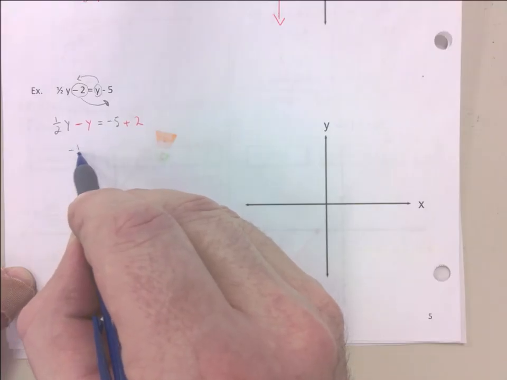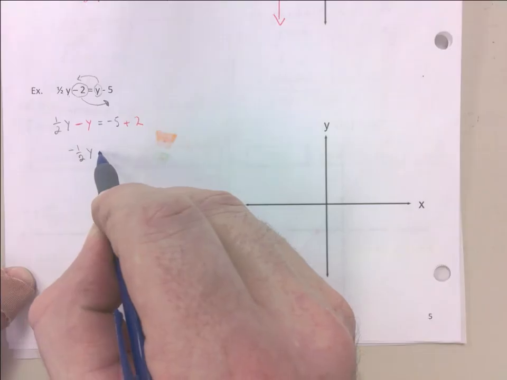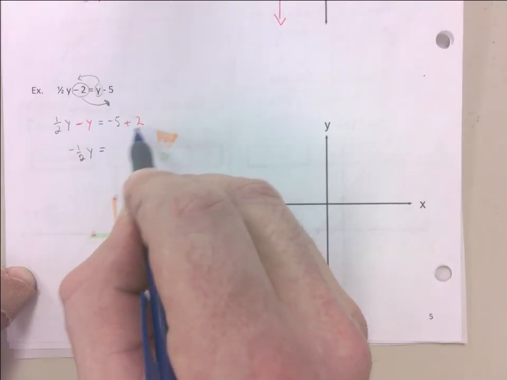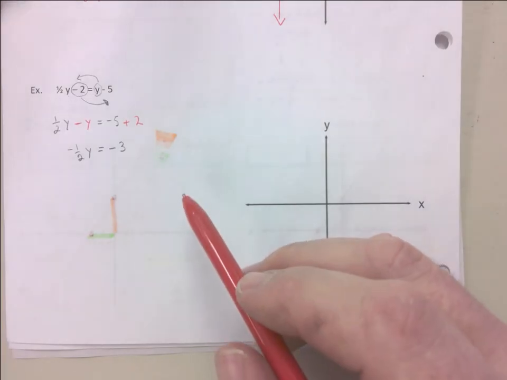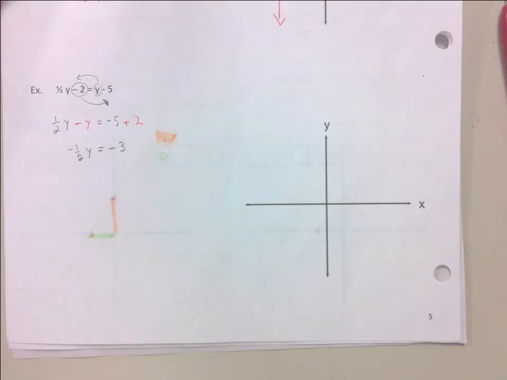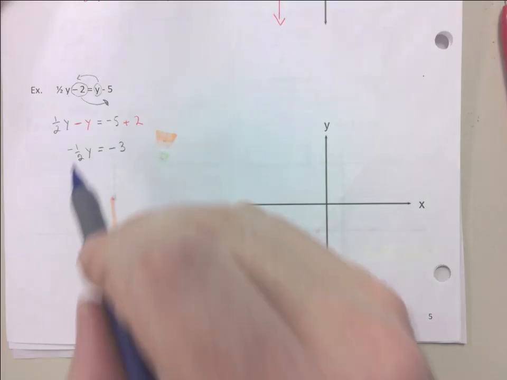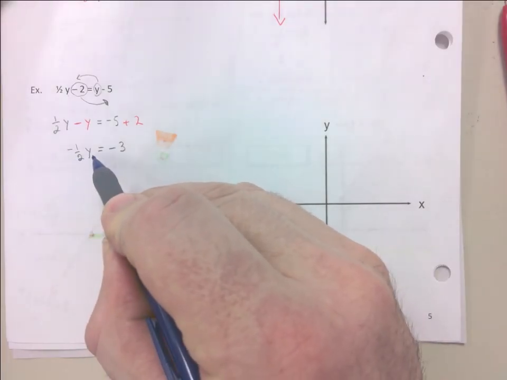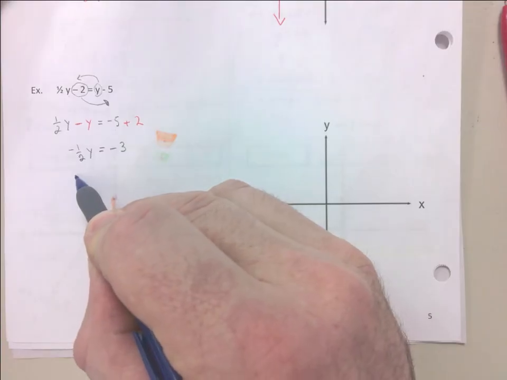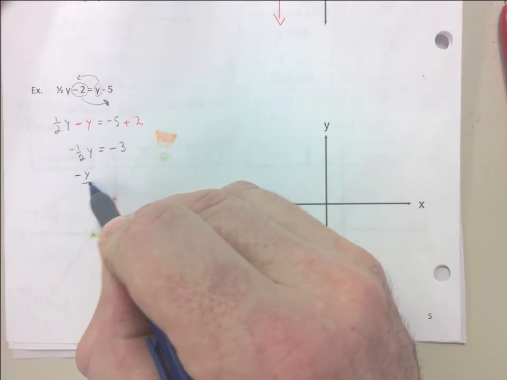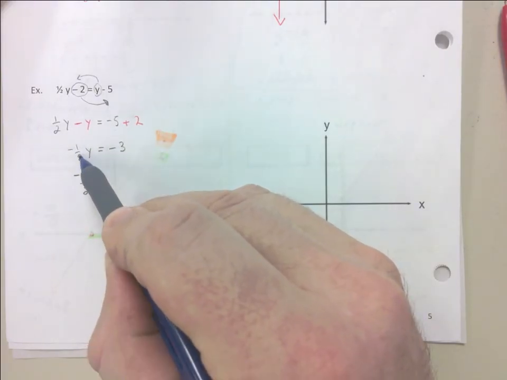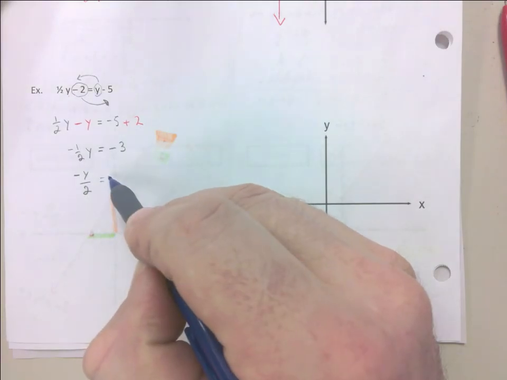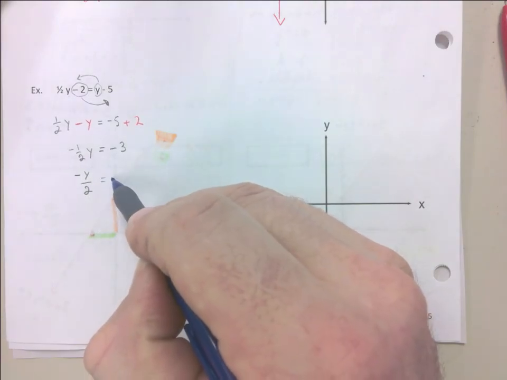It's negative half y is equal to negative 3. And I think I'm just going to tackle this a little differently. When you have a fraction in front of a variable, you can also just write it like this. You go 1 times y as y, and then you divide it by 2 is equal to negative 3.